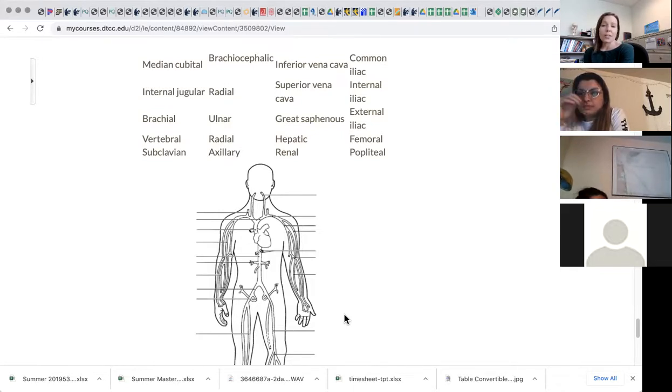For the arteries, it just describes where they are, what areas they are bringing blood to. For the veins, it would just be the areas that they're bringing blood from. And the veins, for the most part, have the same name as the arteries in a lot of cases.